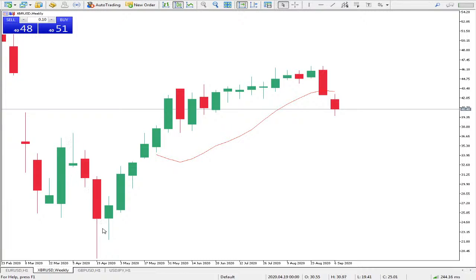It continued down and then it came back up, and then somehow it began to consolidate around this level. So instead of proceeding to the upper side the same way we were seeing a reversal, it somehow started to consolidate in an upward manner.